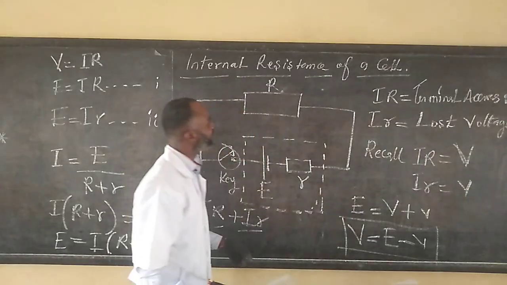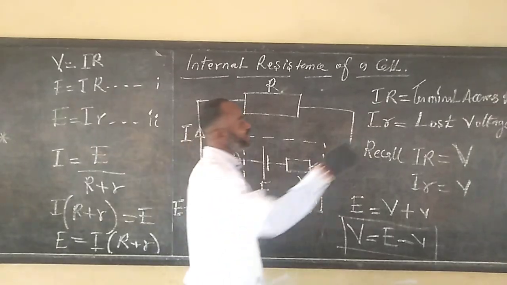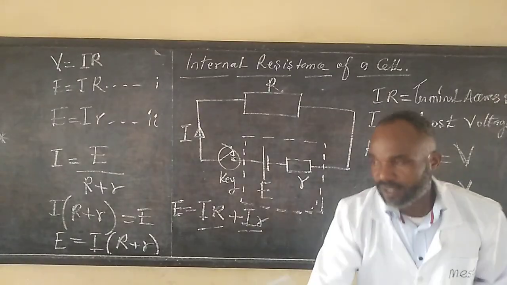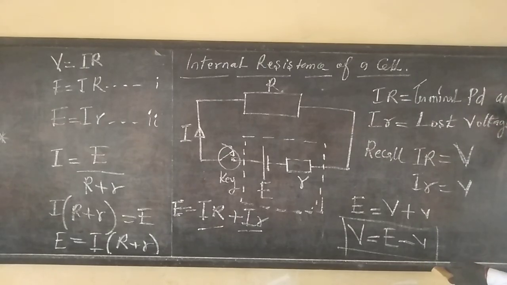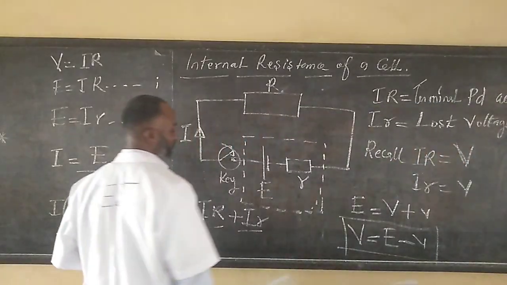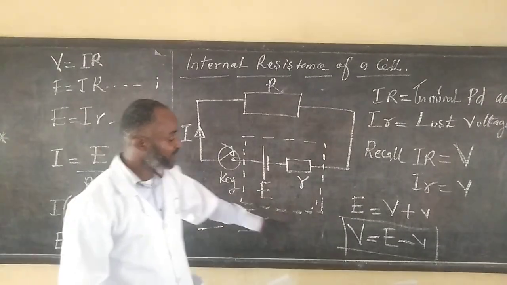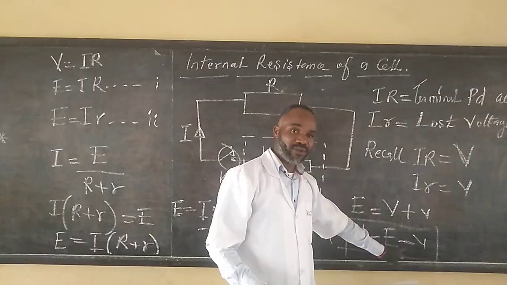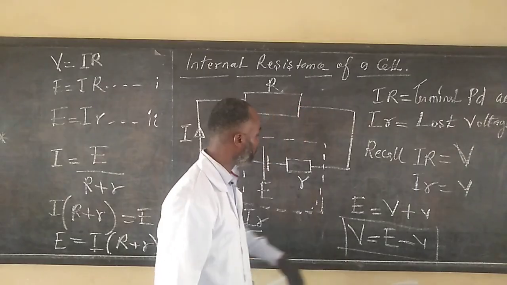If we are asked to calculate the potential difference across the external resistance, we are calculating the terminal voltage, or terminal PD, across R. So with this, the explanation is very clear, and we can find the value of V using this equation, where we have the energy of the cell minus the lost voltage. And once we have this, every other thing falls into play.